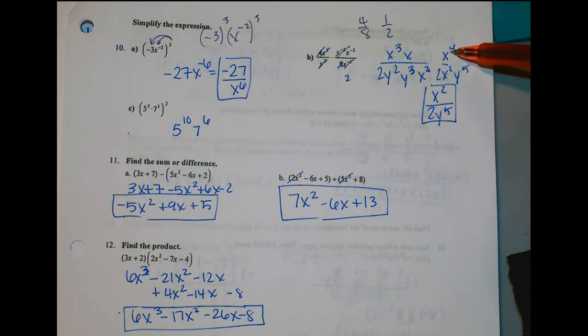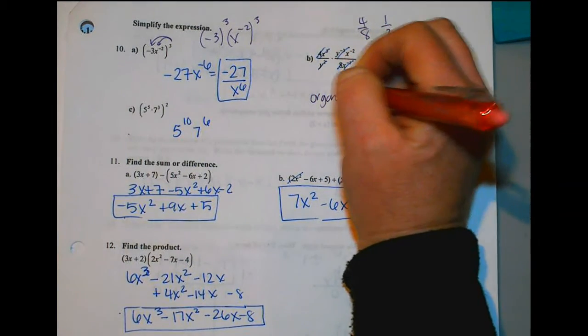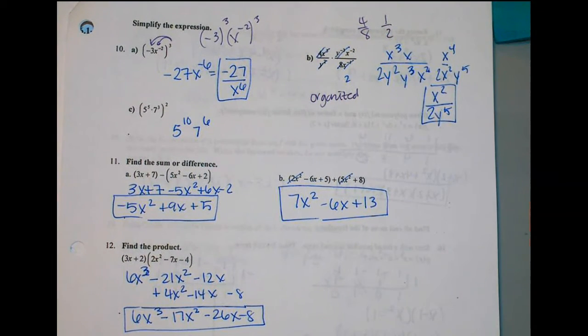Here I have 2 more x's on the top, so there they are. Here I have all the y's on the bottom, there they are. This is a process of being organized, and the more organized you are, the easier this type of problem will be. See, y'all did good on, obviously I didn't want you to multiply it out. Nobody even asked me that question because you assumed that I wouldn't make you, and you were right. Sum or difference, A and B.